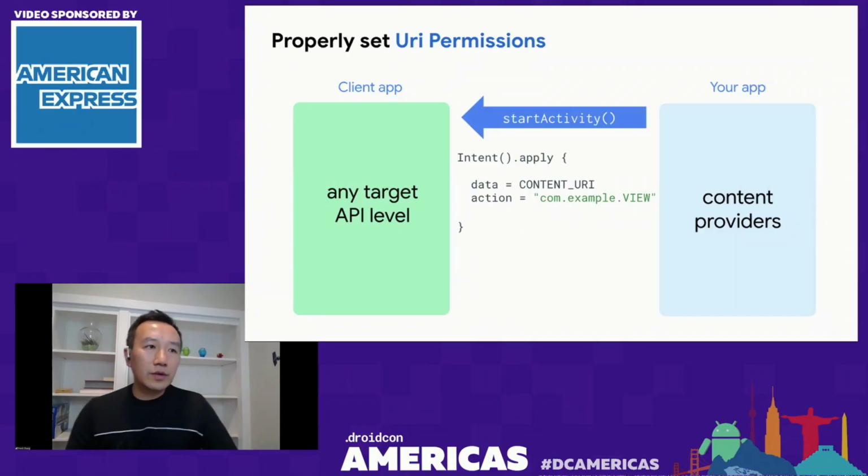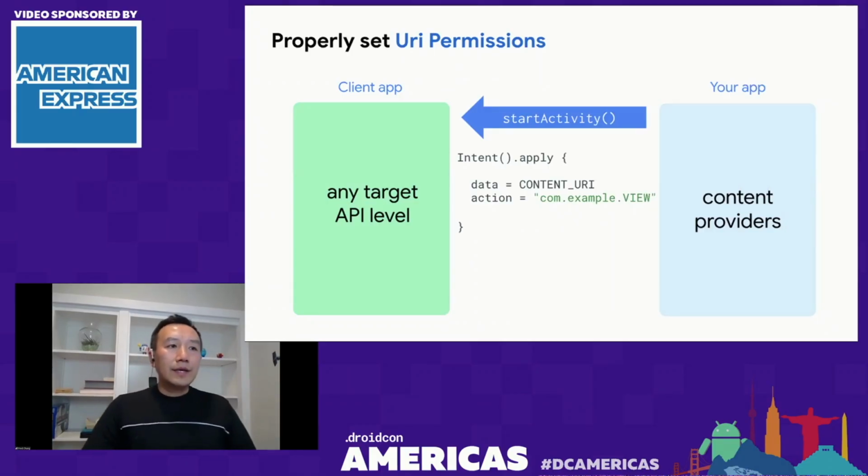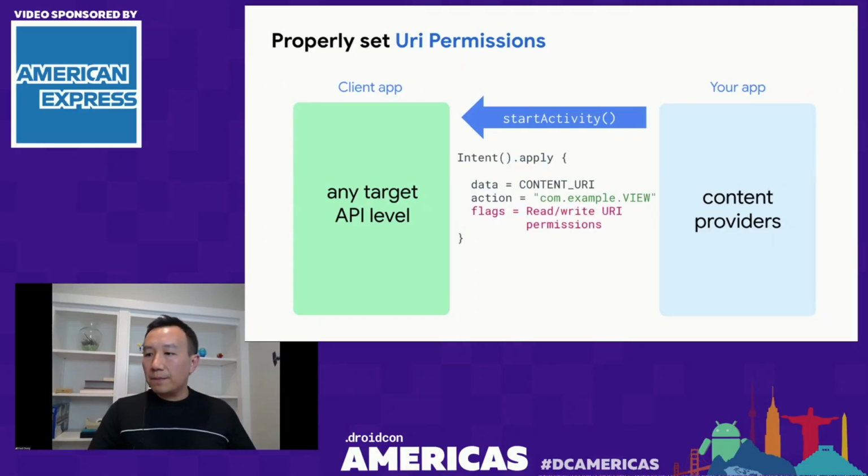So what you could do is call startActivity and pass in an intent with the URI and a view action. But with package visibility on Android 11, regardless of the client app's target API level, it doesn't work until you explicitly specify read-write permissions for the URIs that you intend to share with the client applications. This is important for you to think through.